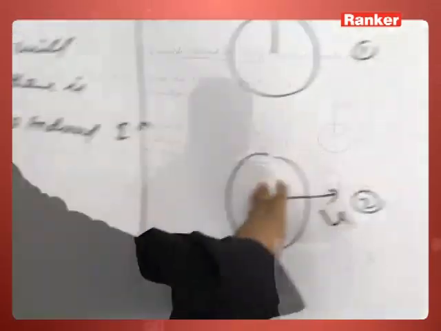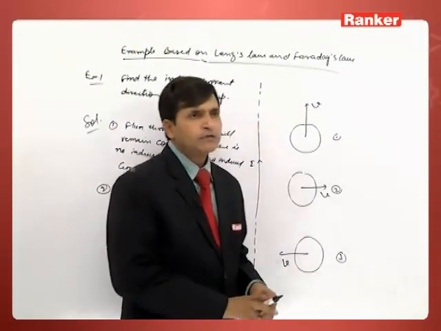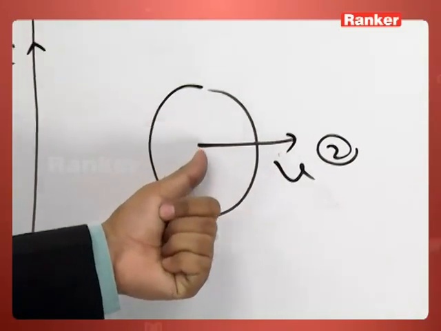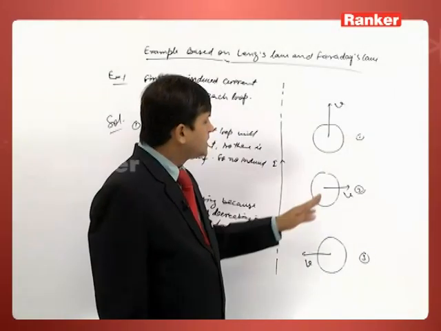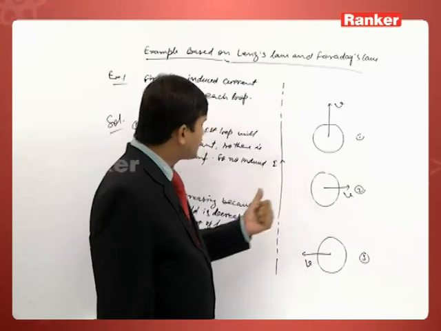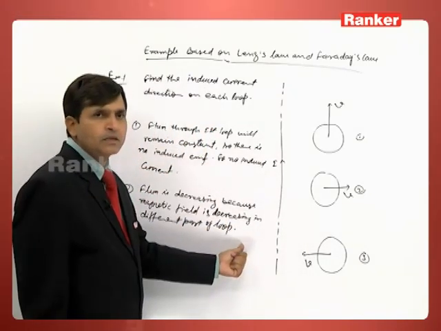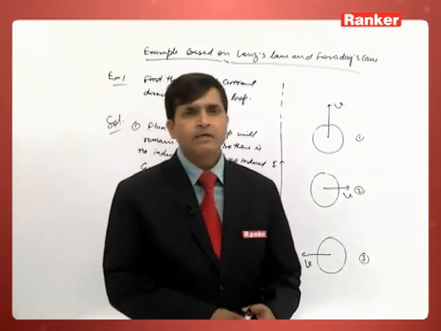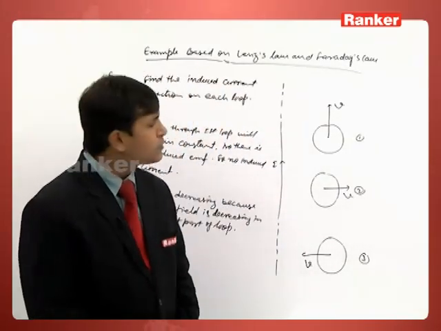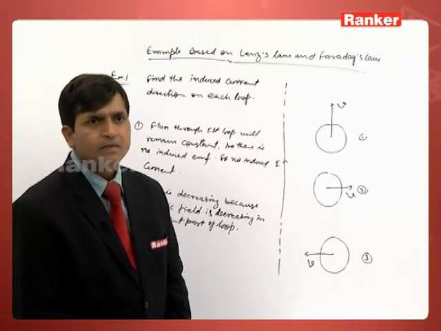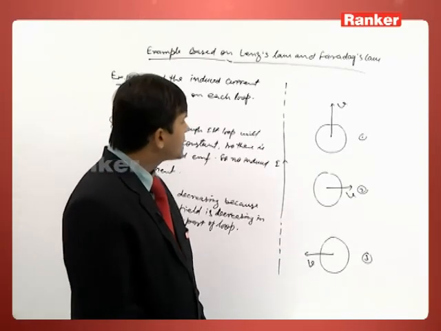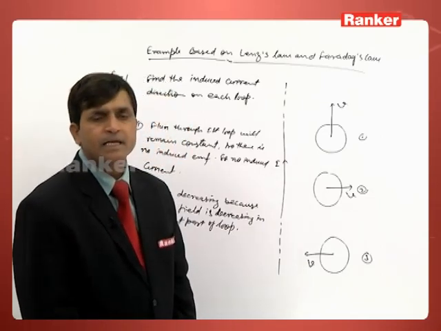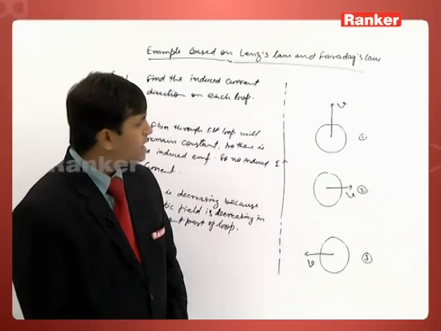Now, although magnetic flux is decreasing, we have to check the direction. According to Lenz's law, the induced current will be in such a manner that it will try to maintain the same flux. So to maintain the same flux, we should have the same magnetic field as earlier.